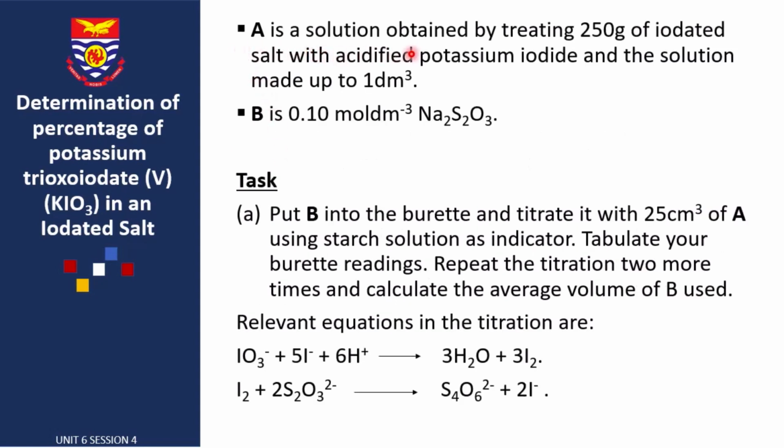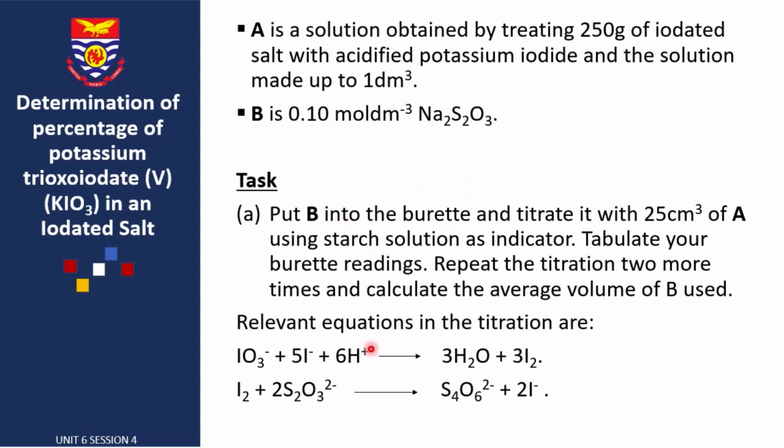A is a solution obtained by treating 250 grams of iodated salt with acidified potassium iodide, and the solution made up to 1 dm cubed. B is 0.10 mol per dm cubed sodium thiosulfate.